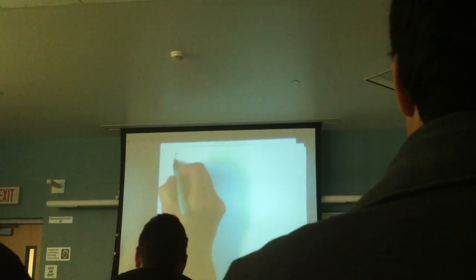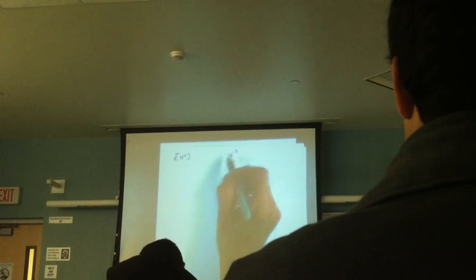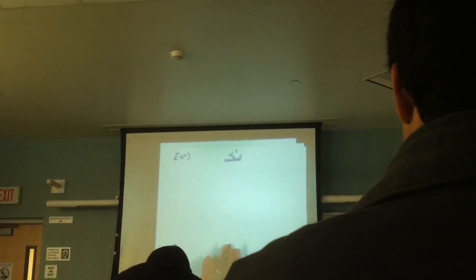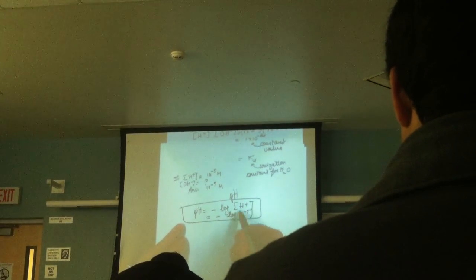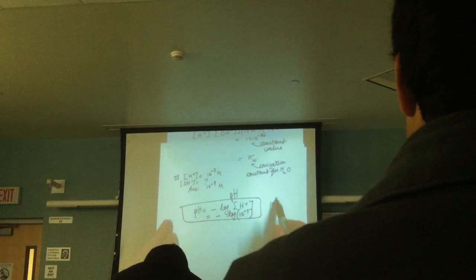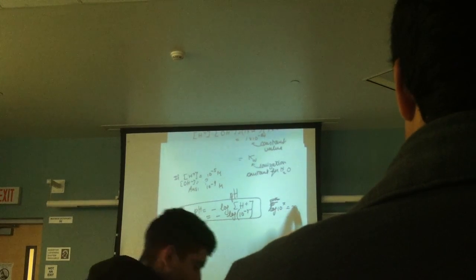You told me when the hydrogen ion is 10 to the negative 7, it is neutral. My math teacher told me log of 10 to the power x is equal to x.